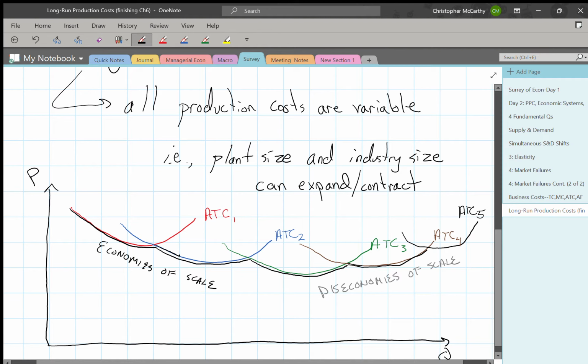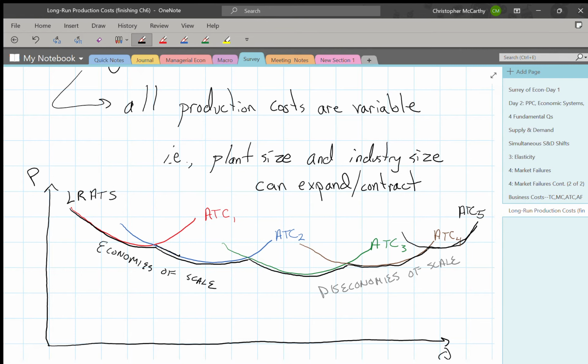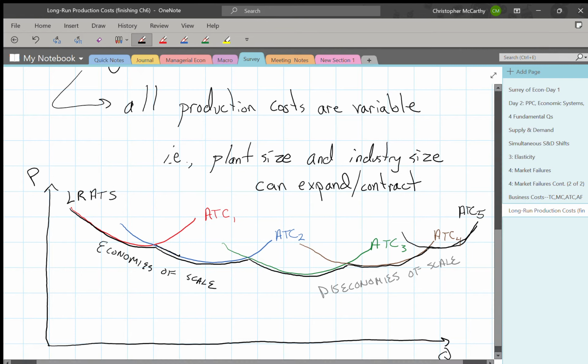And that becomes our long run average total cost. And so when there's enough of these in between, we don't have these kink points, right? So there's probably some ATC 1.5 that's in between here.